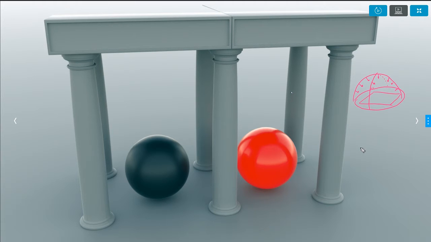And basically what it means is that the shadows are going to be very soft, and they're going to appear only or mostly in places where the objects that you see right here are closest to each other. So for instance, when we look at this red sphere sitting on the ground, where it's touching the ground, it's creating the most of a shadow, and the shadow is very soft, very diffused.